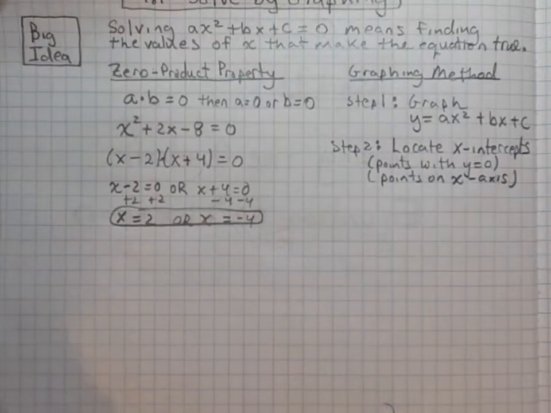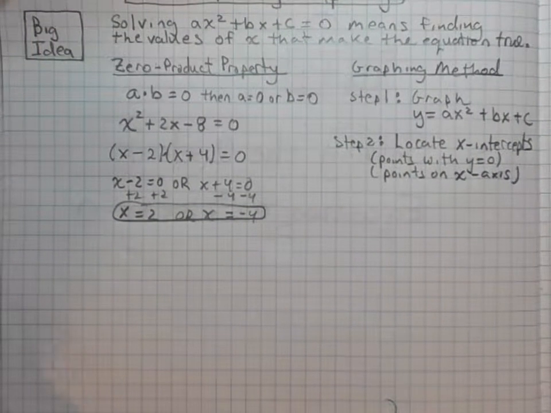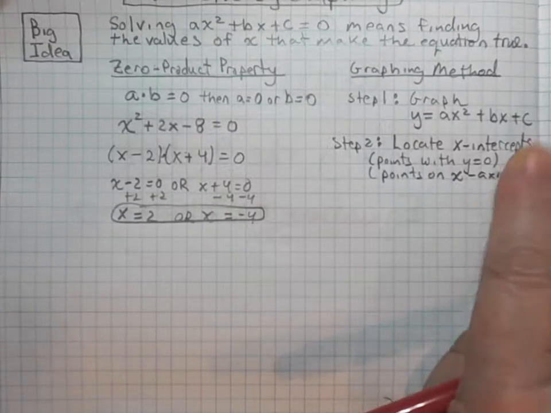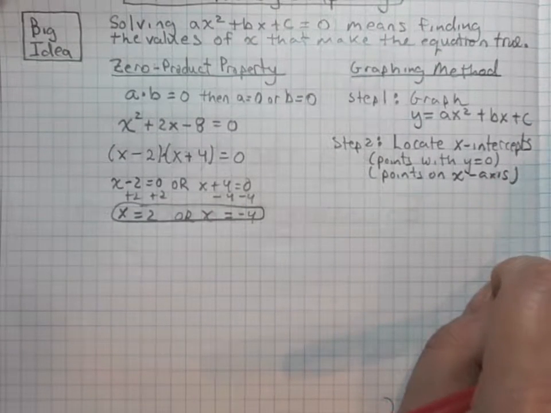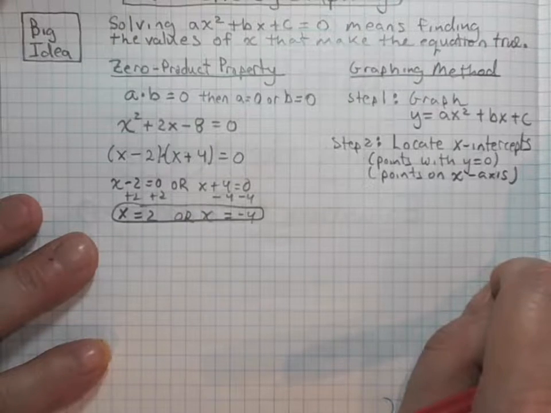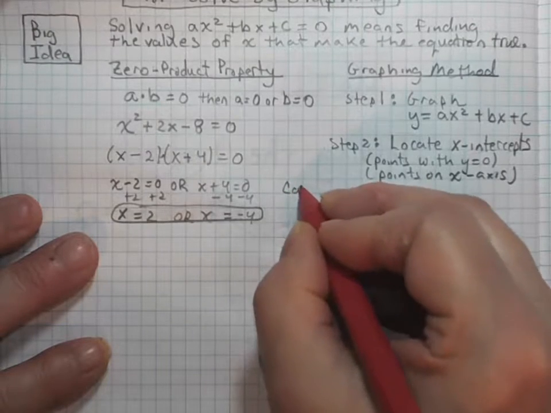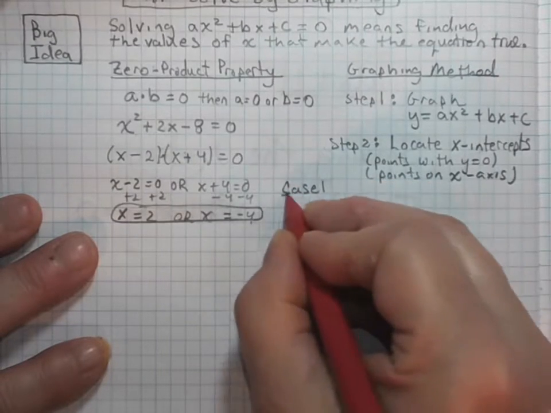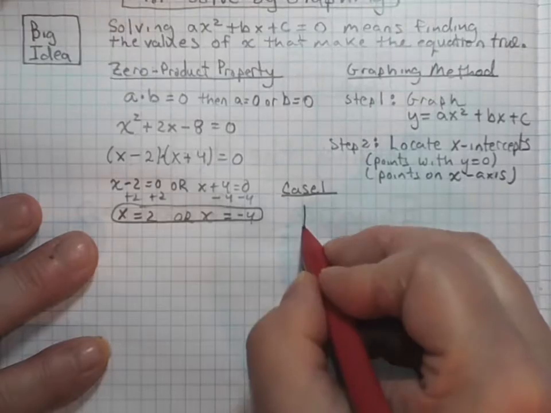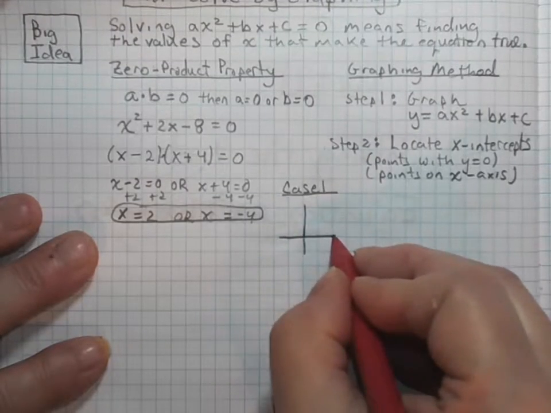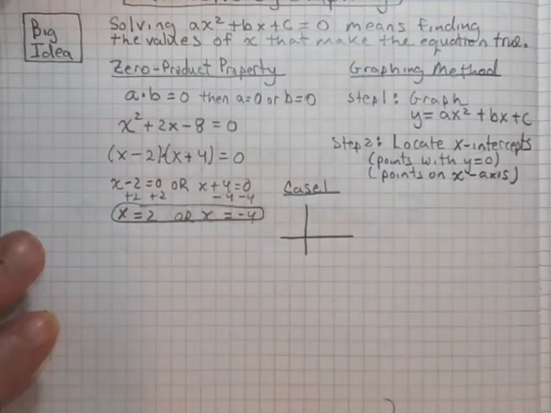Okay, all right, so there are different cases for the graphs of a quadratic function and the locations of their x-intercepts. In fact, there are 3 cases. So case 1, I'm just going to draw a very short graph. And let me use another color.